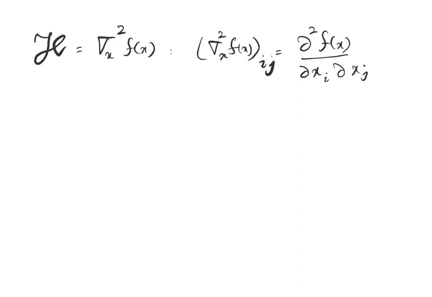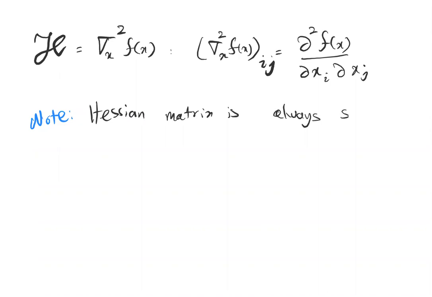And another thing to note: the Hessian matrix is always symmetric. What's the reason for that?